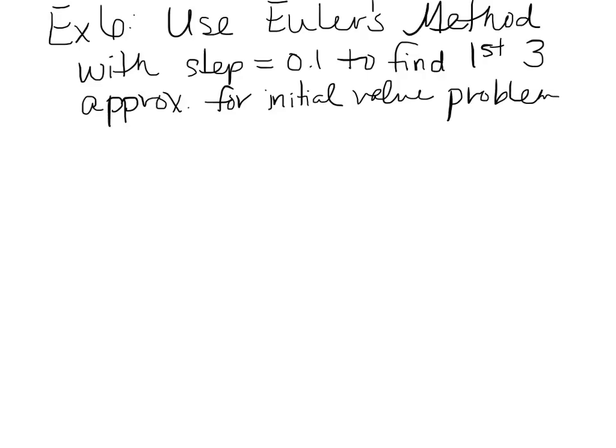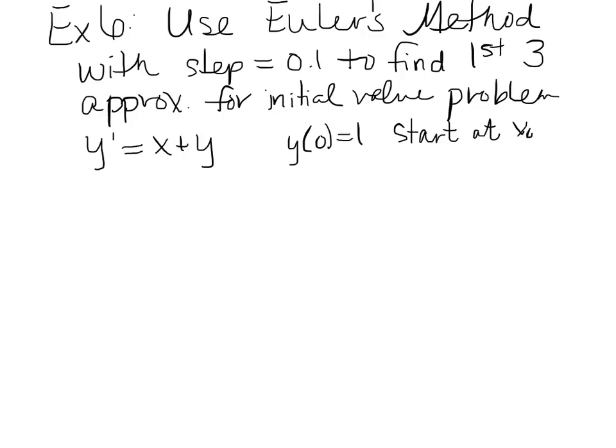And the initial value problem is y prime is equal to x plus y, and you're given that y of 0 equals 1. And you are to start at x of 0 equals 0.